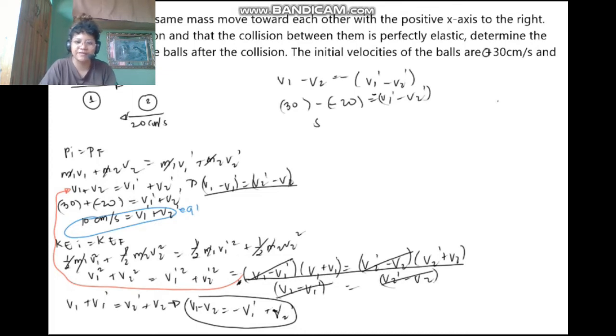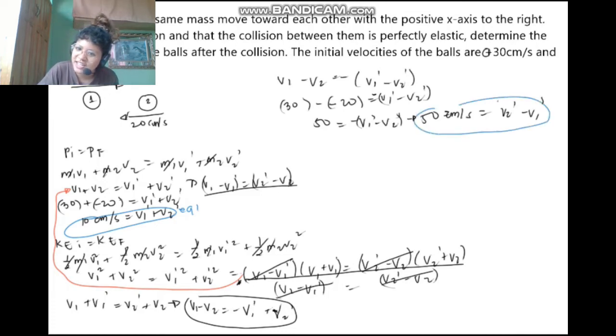Once we distribute the negative sign, we'll get 50 centimeters per second is equal to v sub 2 prime minus v sub 1 prime. And this will be our second equation.